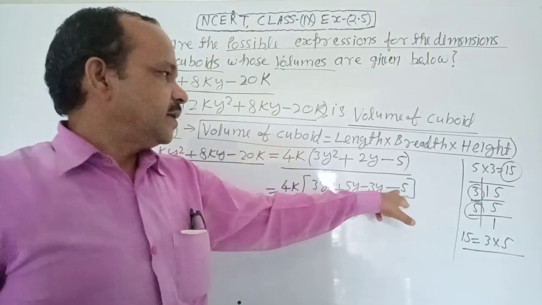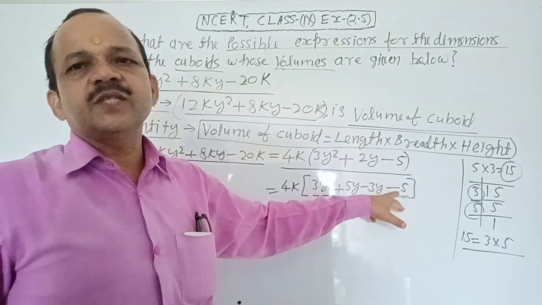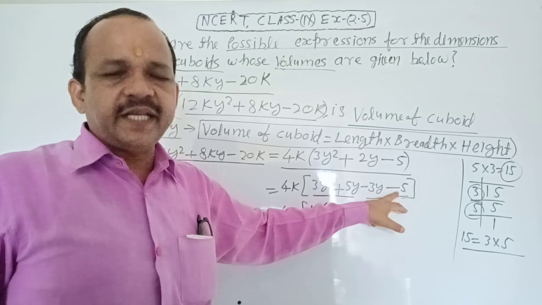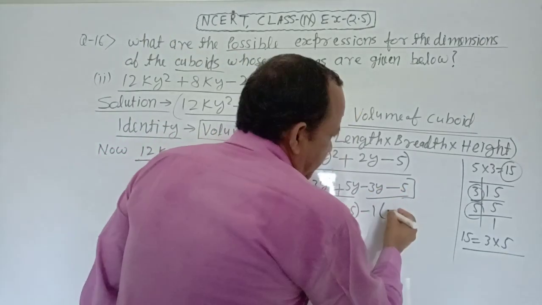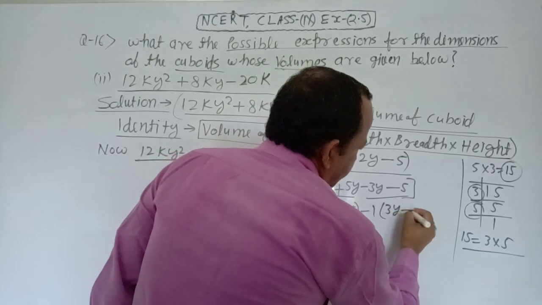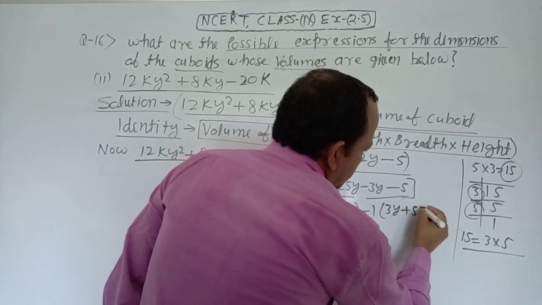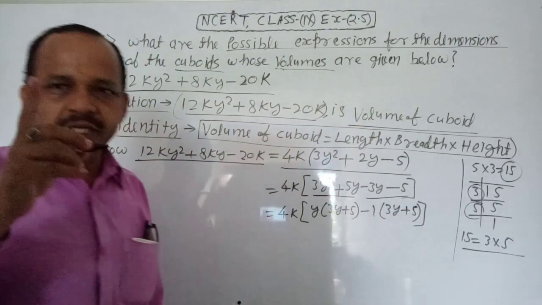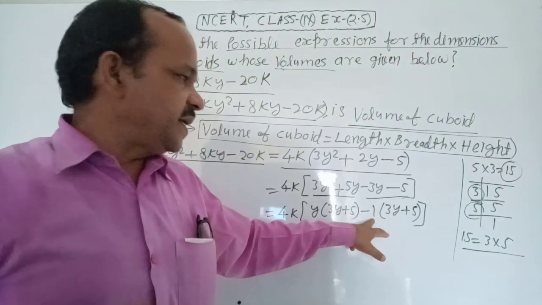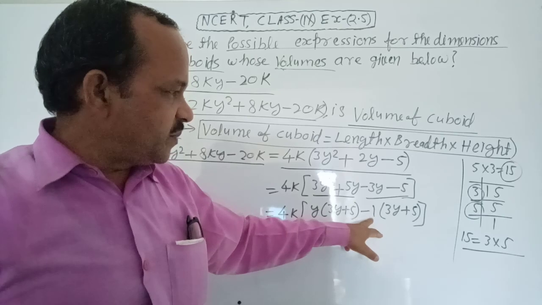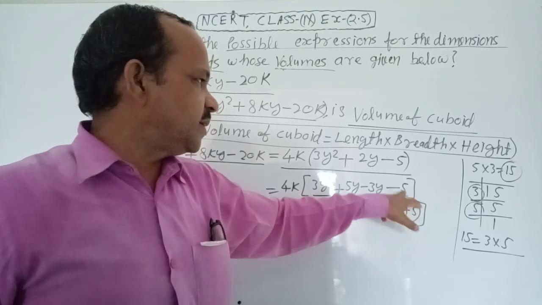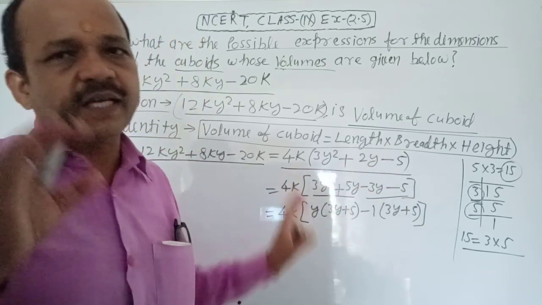In the second pair, minus 3y and minus 5, you can take minus 1 common: minus 1 times 3y plus 5. If you multiply minus 1 and 3y, it becomes minus 3y. If you multiply minus 1 and plus 5, it becomes minus 5.